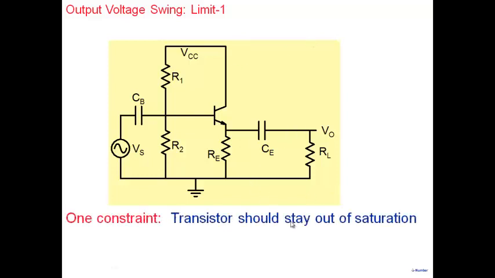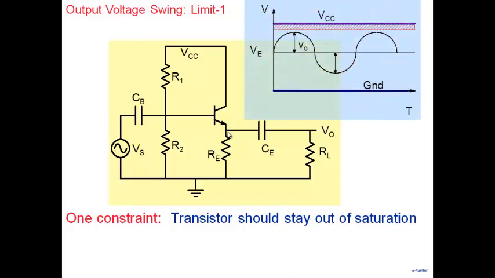The first one is that the transistor should stay out of the saturation region for my amplifier to work properly. So now we are interested in this particular node here. Let's look at this diagram. We have voltage along the time axis. This voltage is VE, at this particular node. Now as I apply my input along with my DC here, I get a sinusoidal voltage.